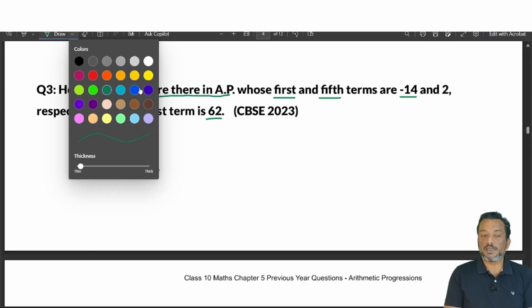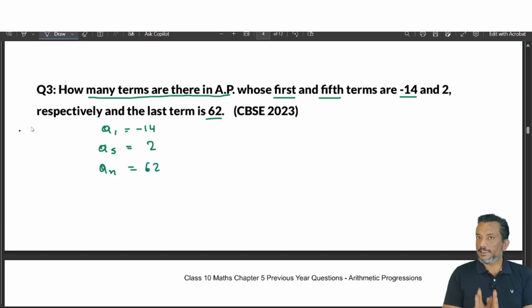So simple, here all 3 terms are given, and they are asking how many terms there are. So first we can say a1 is equal to minus 14. Now how can we write a5 here? a5 is equal to a1 plus n minus 1 into d.